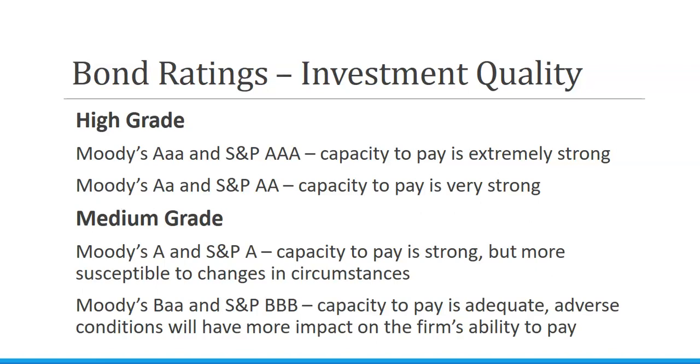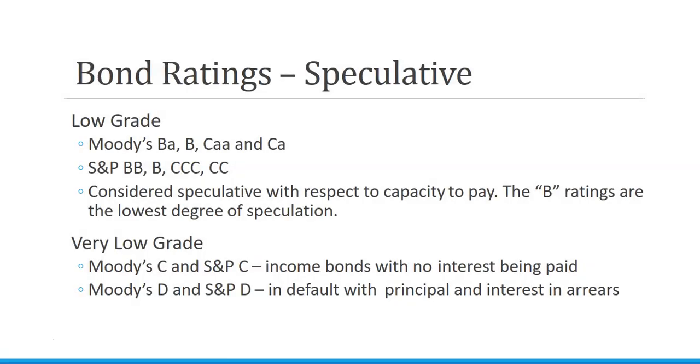Medium grade bonds would be A and B bonds, and then we get into lower grade bonds. Lower grade bonds are also called speculative bonds and can sometimes be called junk bonds. So junk bonds are low grade bonds, and they usually mean that that company has defaulted at some point on a bond.